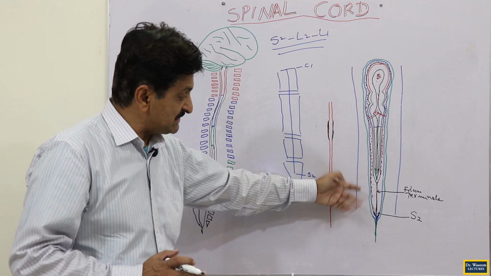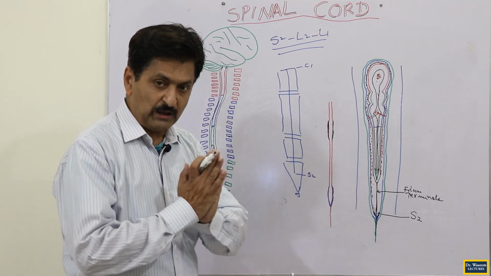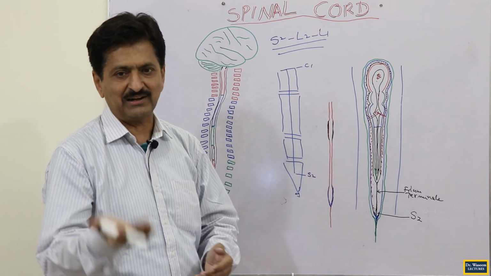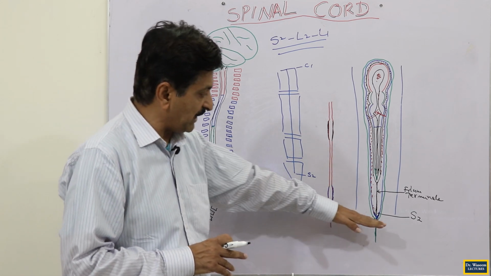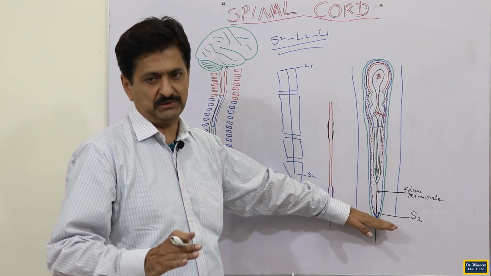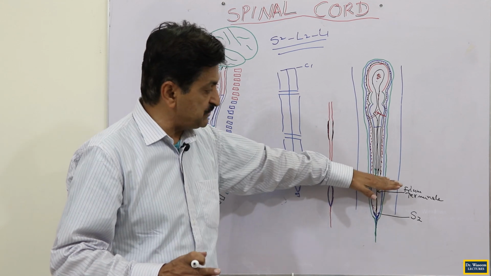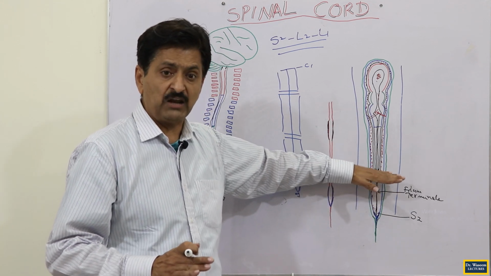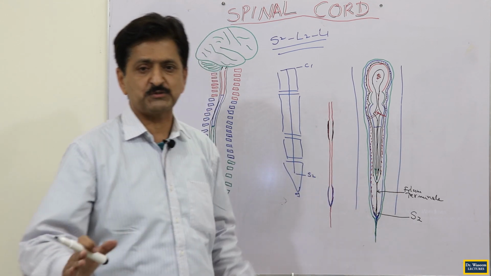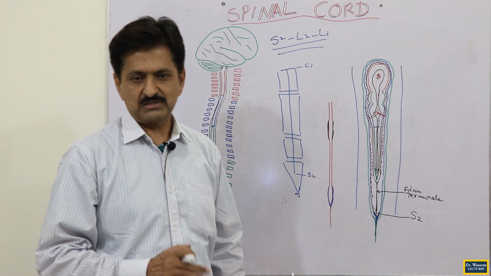So if the meninges are there, the pia mater collapses, but outside, the subarachnoid space is available, present up to the S2 level. Your spinal cord finishes at the lower level of L1, so from L1 up to S2 you do not have a spinal cord, but you have subarachnoid space.